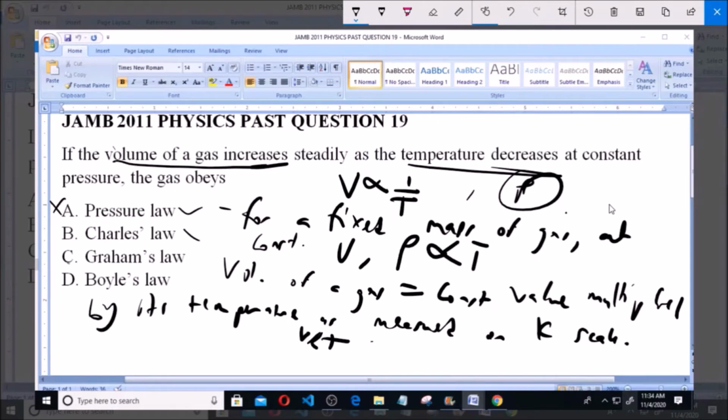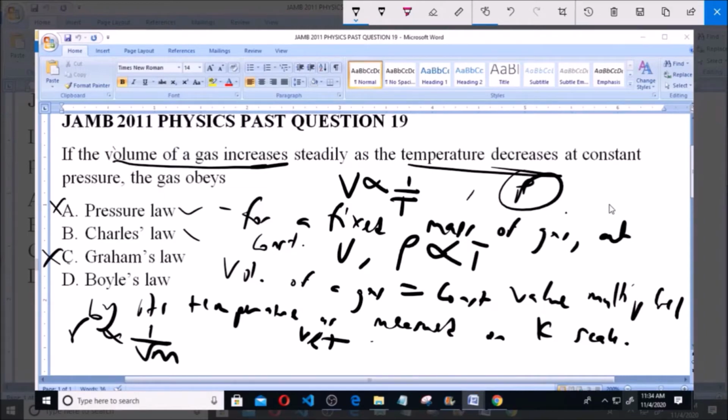So option C talks about Graham's law of diffusion, and Graham's law of diffusion states that rate of diffusion of a gas R is inversely proportional to the square root of the molecular weight of that gas. So it is not the answer to the question.